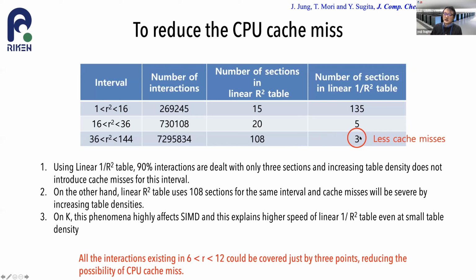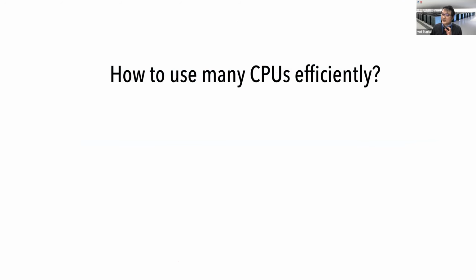This means that in computation, cache miss is reduced compared to the just linear R squared table. In that case, you have to put more than hundreds of sections in this region, so you may suffer from many cache misses in the calculation. So this is one of our efforts to use each single CPU efficiently.